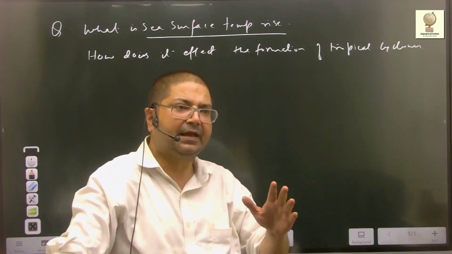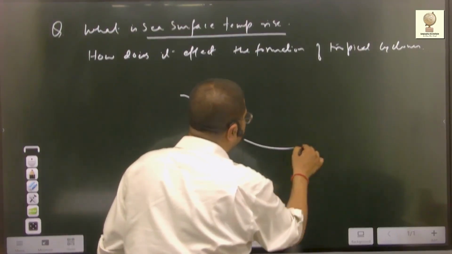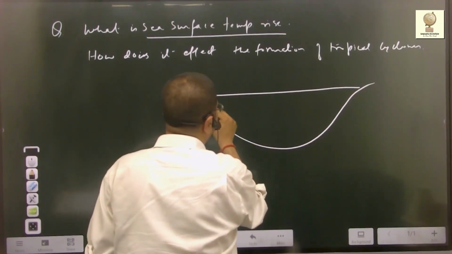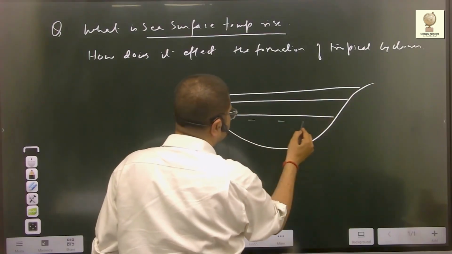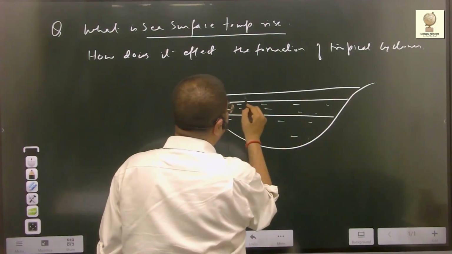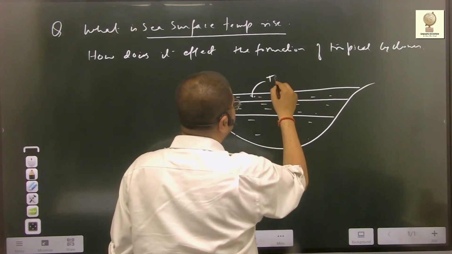Now, oceanic water can be divided into three layers. The upper layer is the warm circulating layer, known as epilimnion.